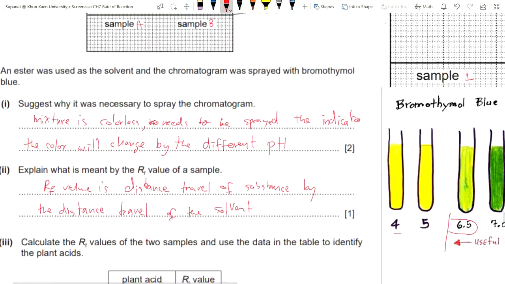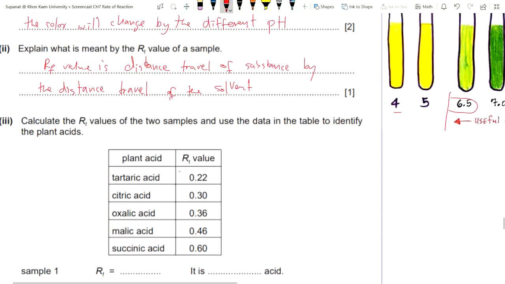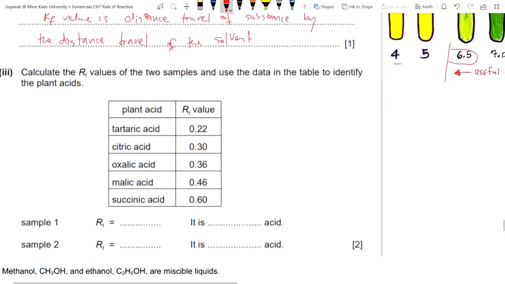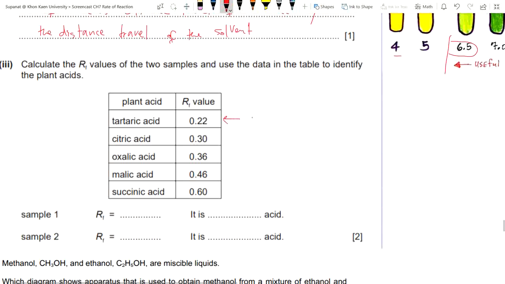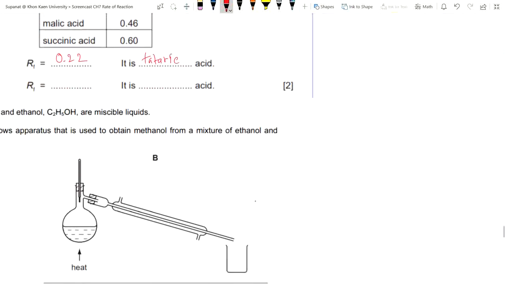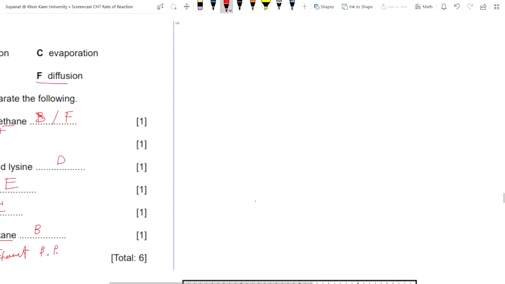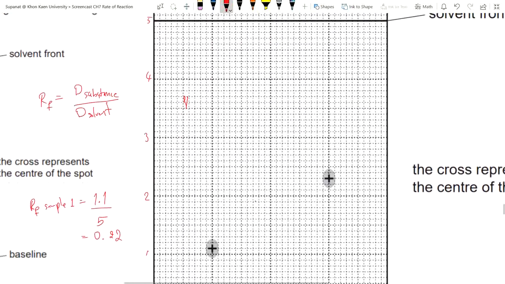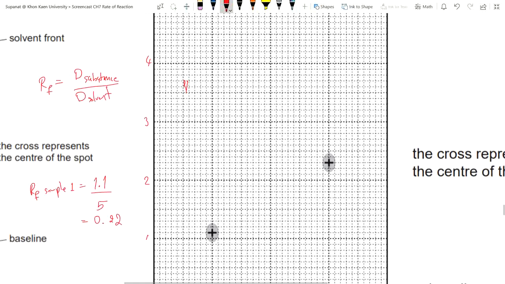Okay, let's compare with the RF values. For sample 1, the RF value is 0.22, which means it's tartaric acid. And let's do sample 2. Here, sample 2 is 2.3.